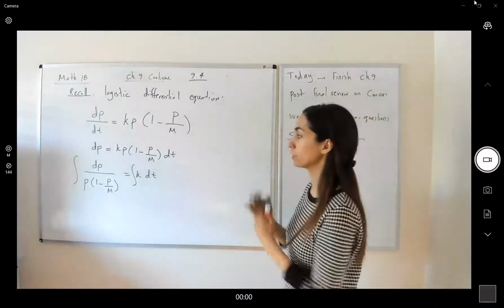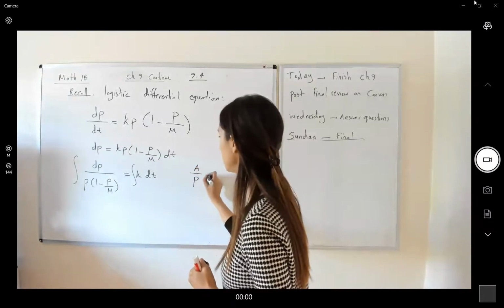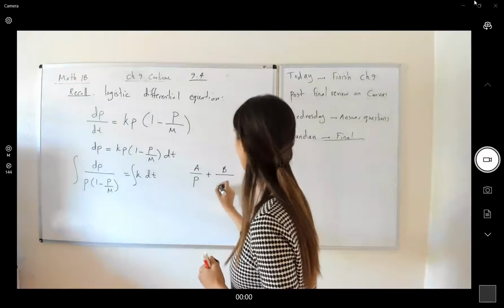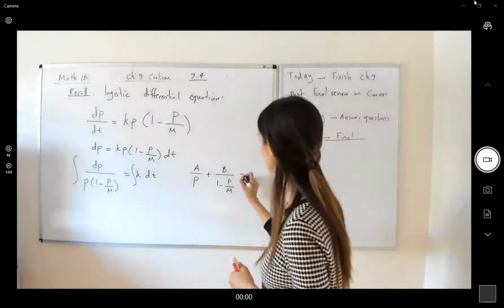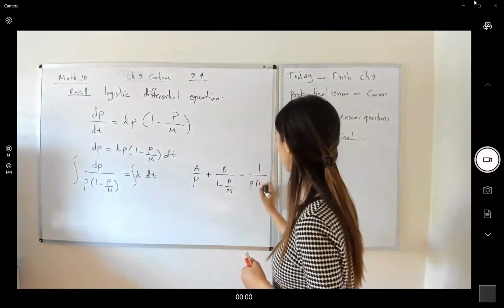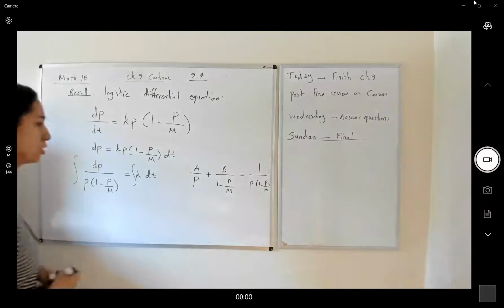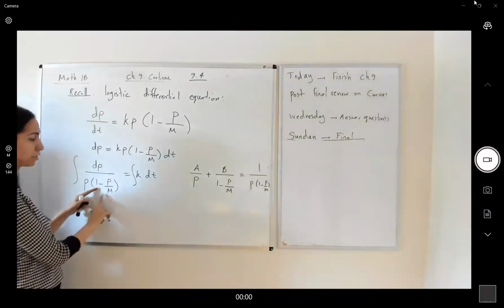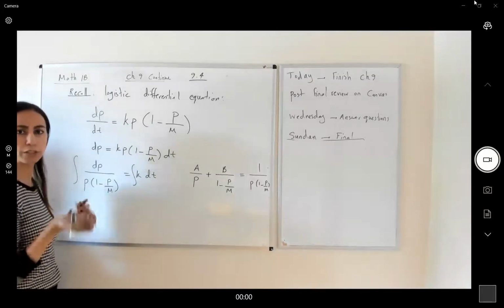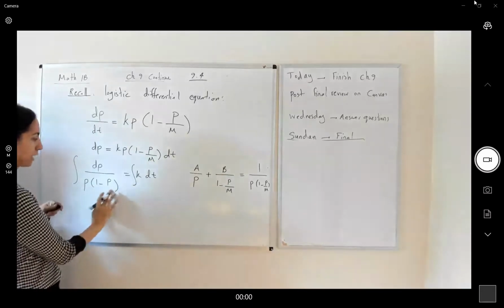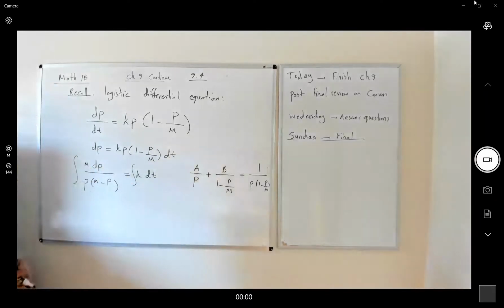Very well. So let's try to separate these two. You have A divided by P plus B divided by 1 minus P over M. This is equal to 1 over P times 1 minus P over M. You could take the common denominator between these two and write it as M minus P, and M as a constant jumps on the numerator.